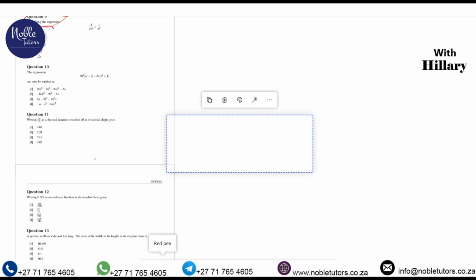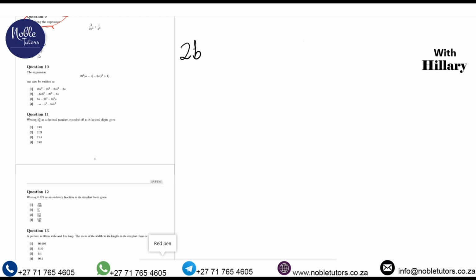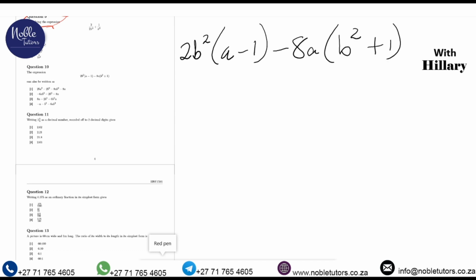We also have an expression given in question number 10, which says 2b squared, open bracket, a minus 1, close bracket, minus 8a, open bracket, b squared plus 1, close bracket.